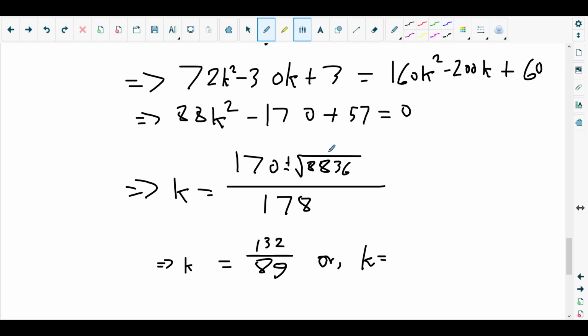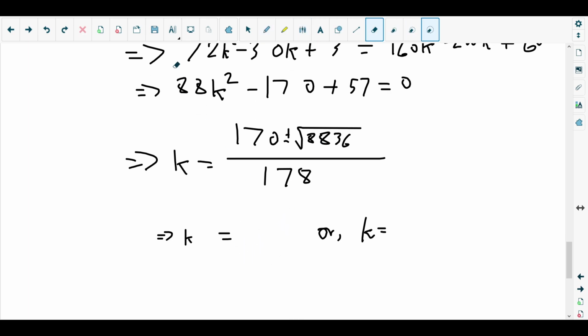So 94 plus 170 gives you 264, and 264 over twice of 88 gives you 3 over 2. Yeah, that was the mistake. It should be 3 over 2.